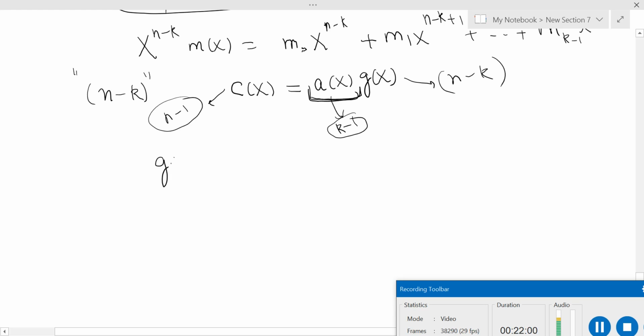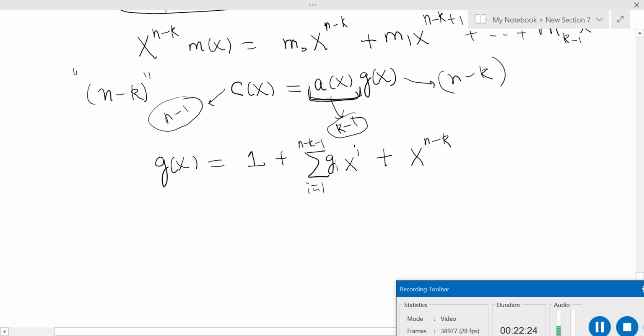So I can write g of x in general. There is a constant term which is always 1, and since the degree is n minus k, there is a term x to the power n minus k with coefficient 1 always. In between there will be terms of other degree x to the power i. Their coefficient will be g i for i equal to 1 to n minus k minus 1.